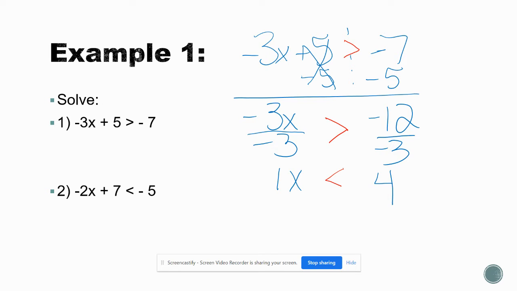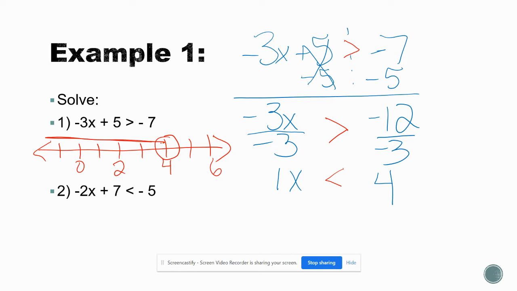What that means on a number line is that we have 4, and because it's not equal to, we would have an open circle. We would go to the left, everything that's less than 4.